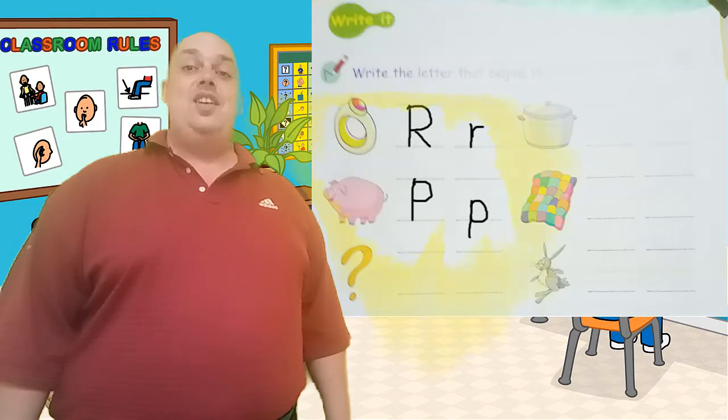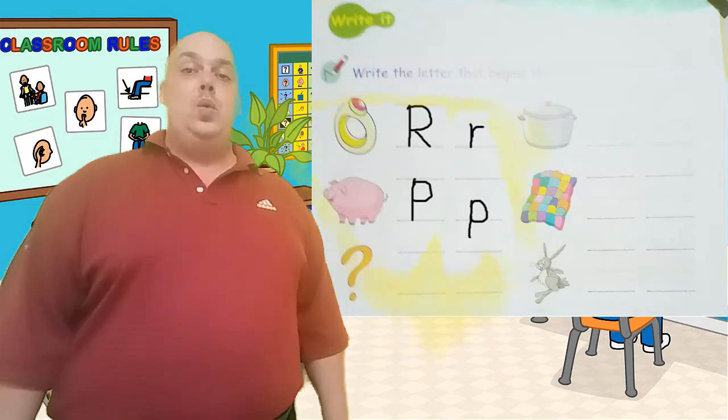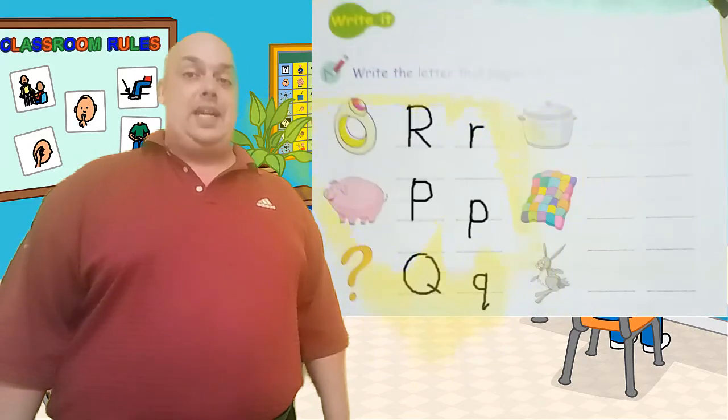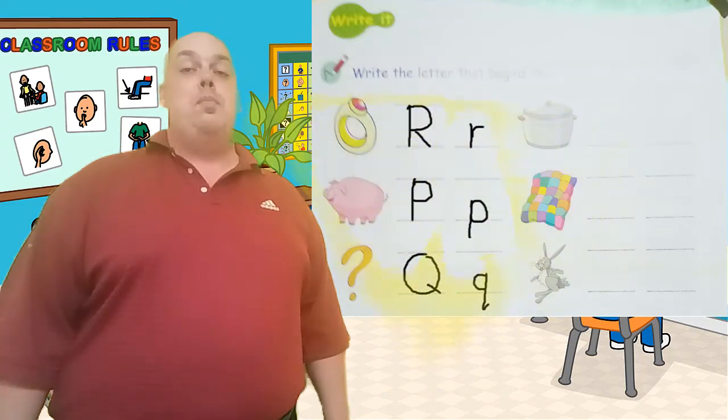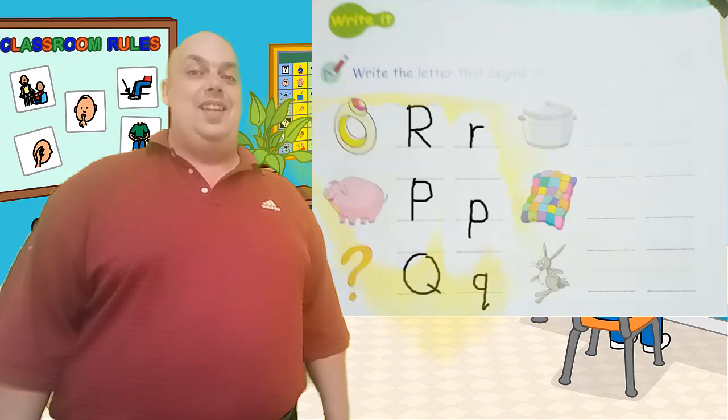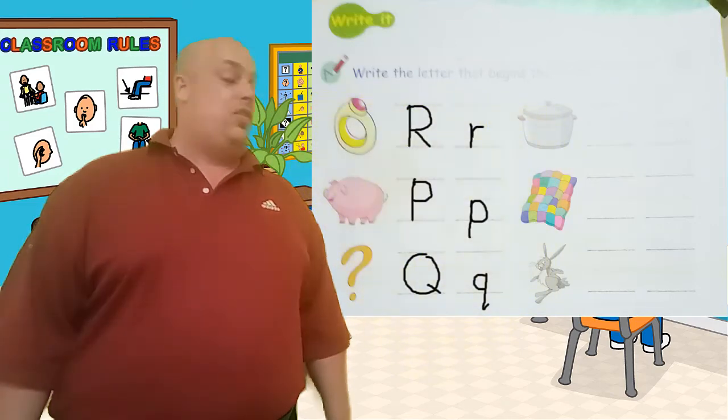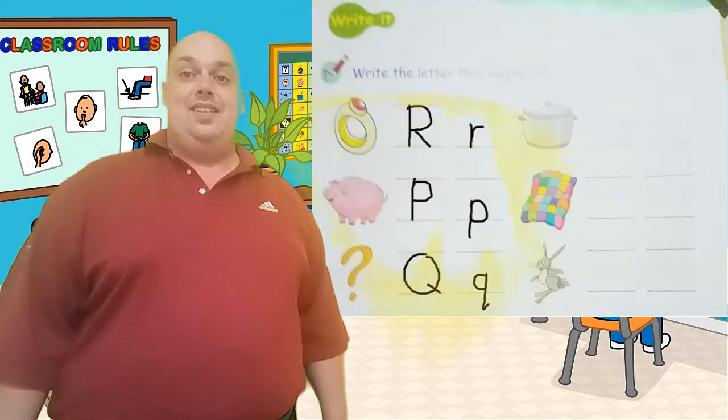Yes, it's letter Q. So next to question, we write the big Q and we write the small q. Just like this. So when you're finished, your first 3 pictures should look like this.